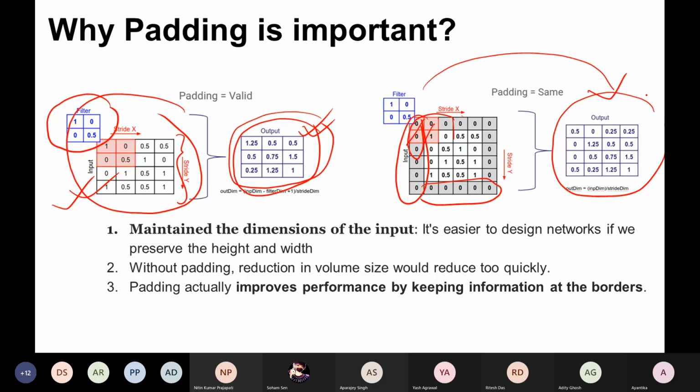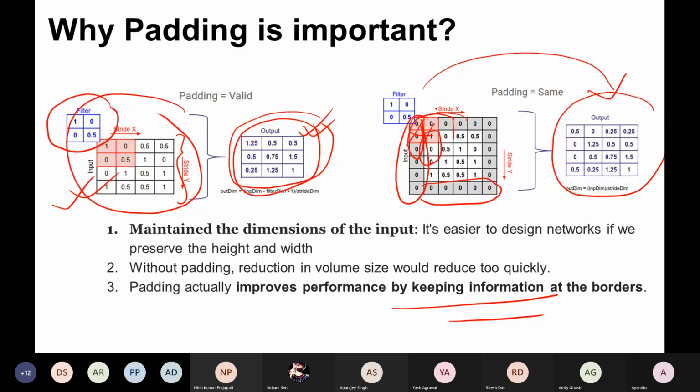And also, another paper at that time showed another significance of padding: keeping information at the borders. If you are not using this padding layer, it was shown that the border pixel values will vanish just after one operation.